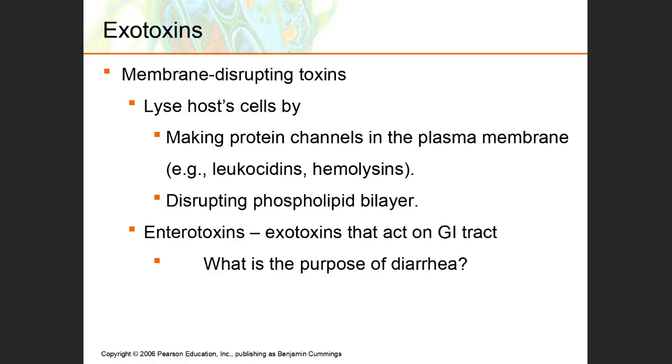Most students will say that your body is trying to get rid of that pathogen. All right, so your body's doing this to get rid of that pathogen, but that's not correct. Your body's not doing anything. The pathogen is causing the diarrhea on purpose. So think about that. A gastrointestinal pathogen is causing diarrhea.